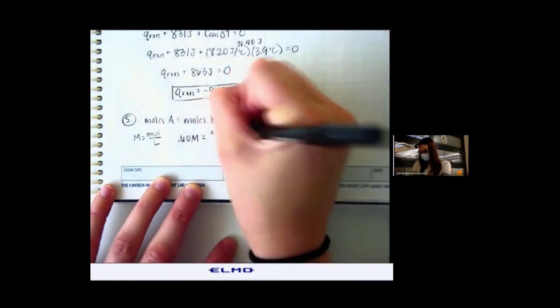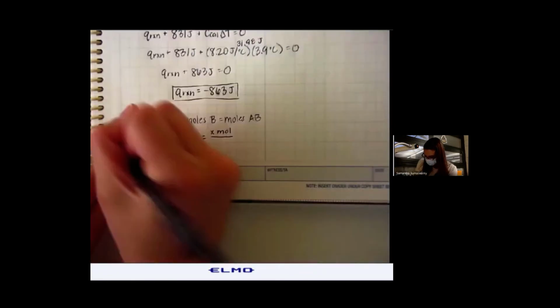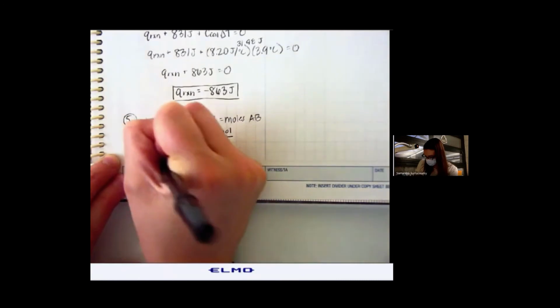That's X moles. And we need liters. If you look back at question 3, it was 25 milliliters of each. So just a quick reminder down here that 25 milliliters is 0.025 liters.